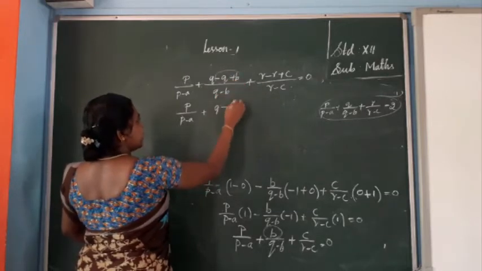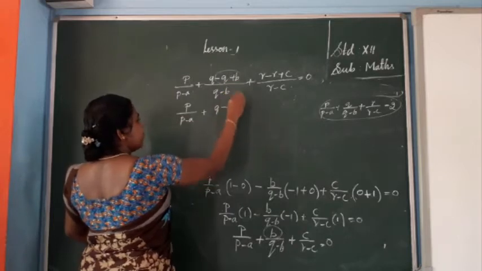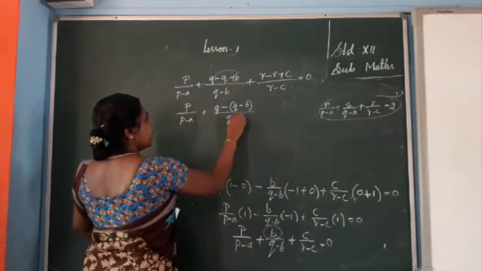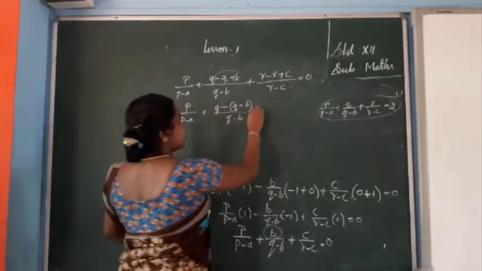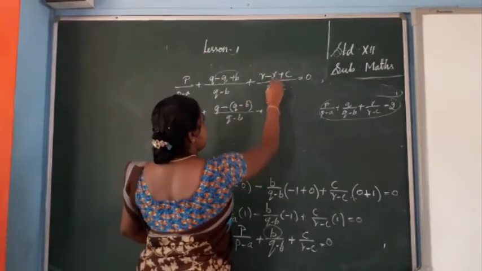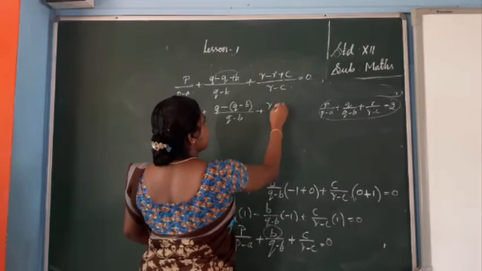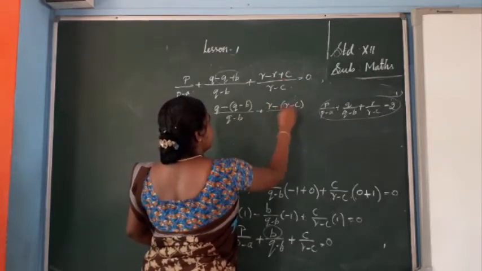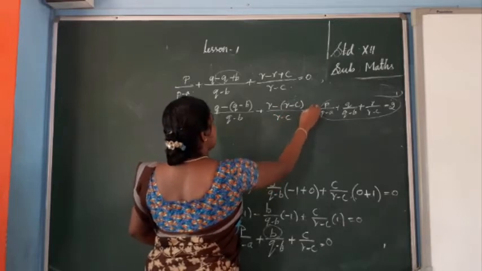Then q becomes positive, b becomes negative, so minus b divided by q minus b. Next plus, here also in the last two parts you take one minus common, then r positive, c negative, divided by r minus c equal to 0.